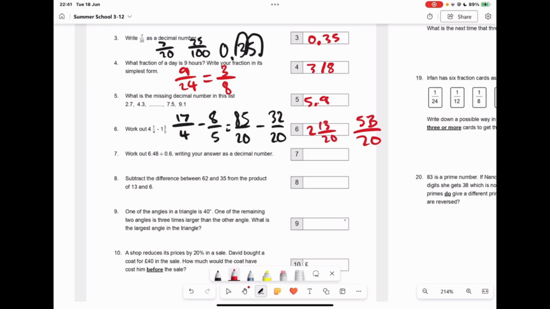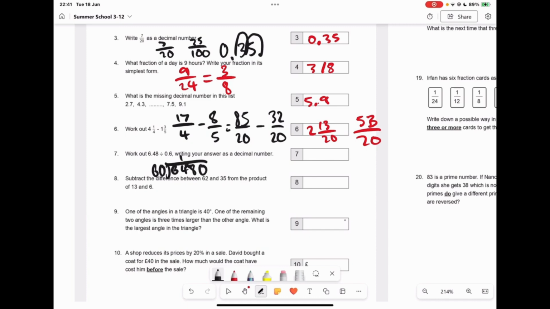Okay, work out 6.48 divided by 0.6, writing your answer as a decimal number. Okay, so 6.48 divided by 0.6, so what we can do is 648, and then divide it by 60. Okay, so now what you can do is, you have 1 here, 4 there, 0.